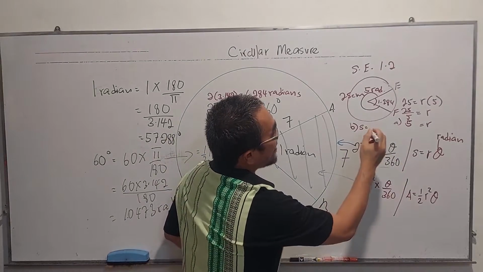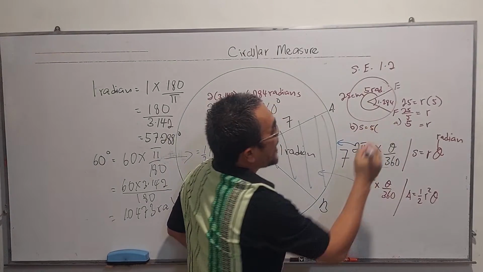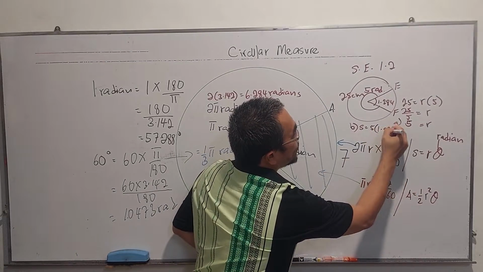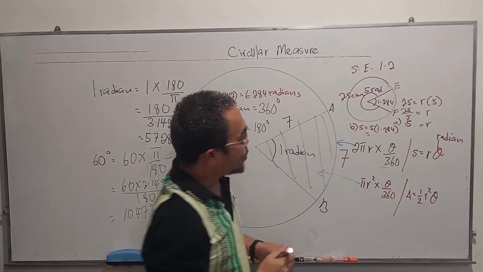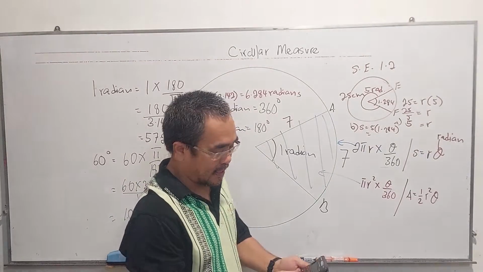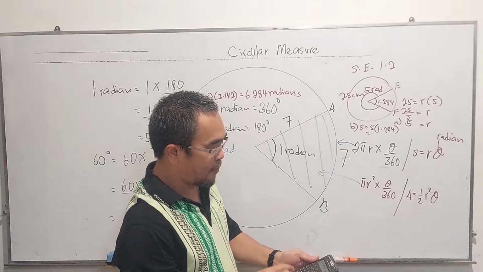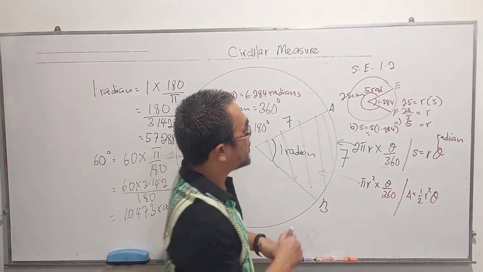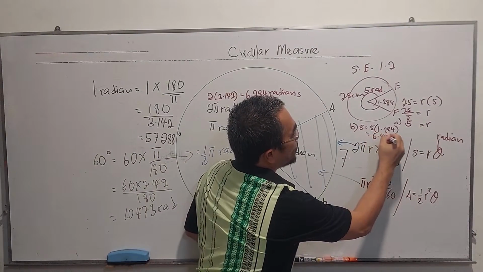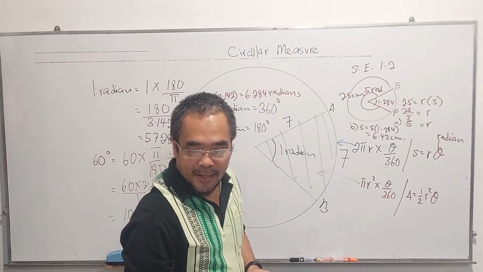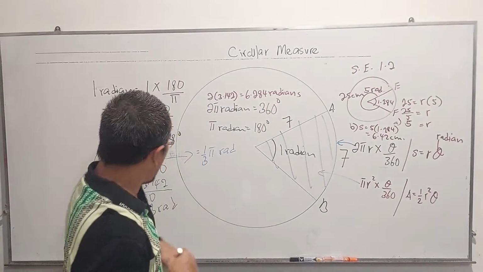R, the radius, is 5, and theta in radian is 1.284. So 5 times 1.284 gives 6.42 centimeter. Alright, any questions so far?